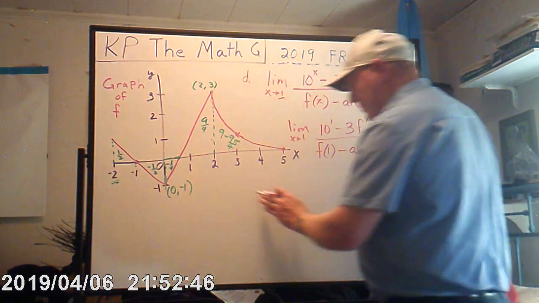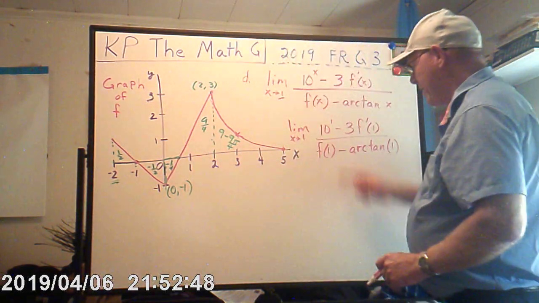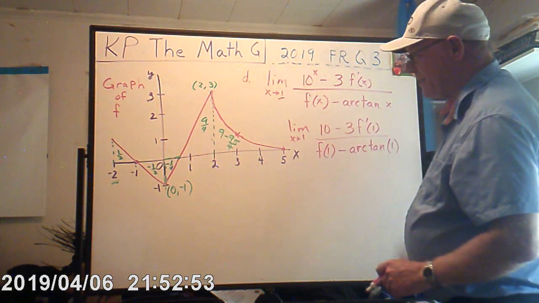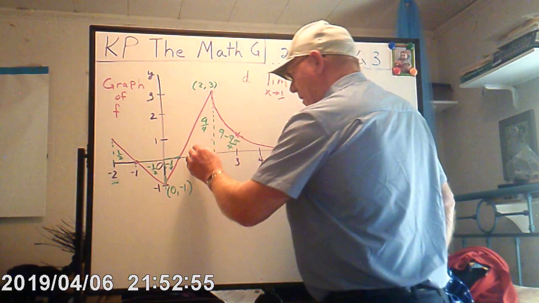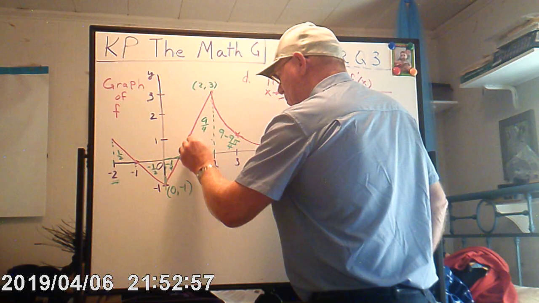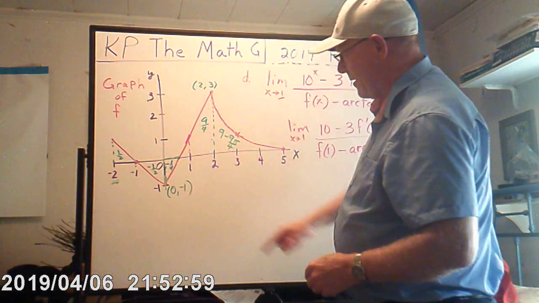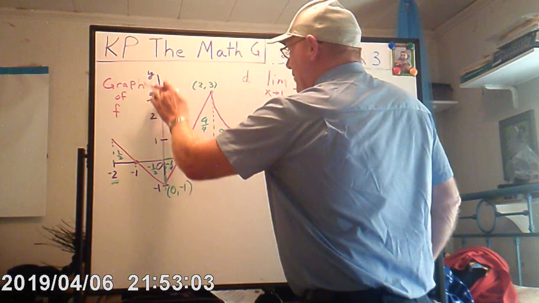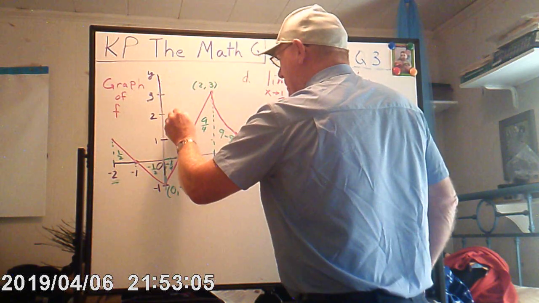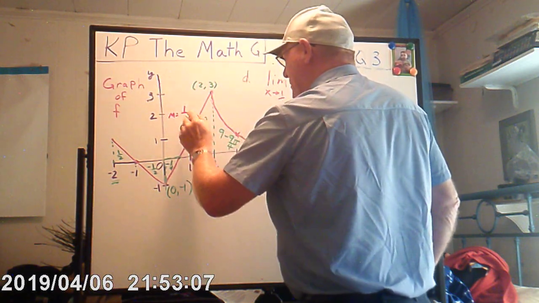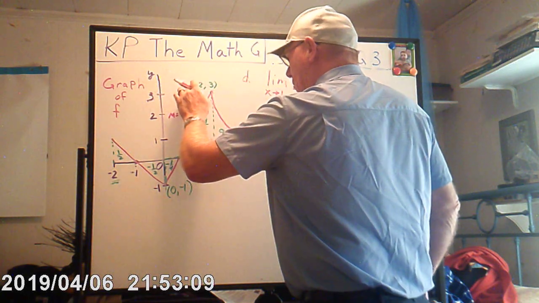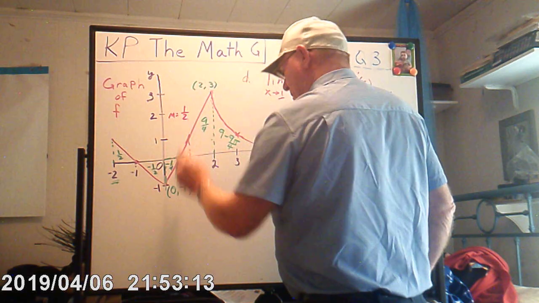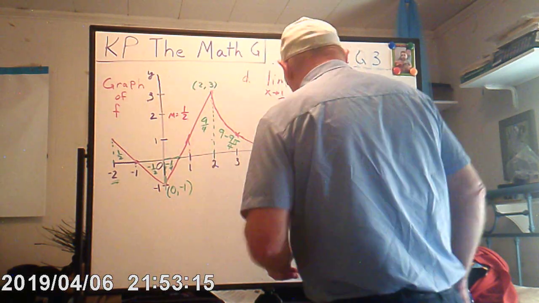We know this is 10. F prime at 1 is the slope right here. We want to look at that slope. Well, let's see, rise over run. So 1, 2, 3, 4. This is m is 1 over, and then 1, 2. So 1 over 2, that slope is 1/2.